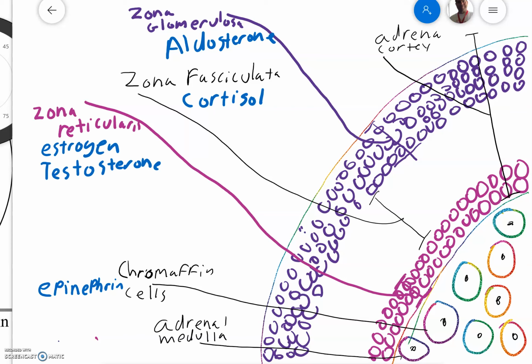Now, the gonads are going to make a lot more of these hormones. So women produce so much more estrogen from their ovaries, and men produce so much more testosterone from their testicles. And women will actually convert some of the estrogen made by their ovaries into testosterone at ovulation.